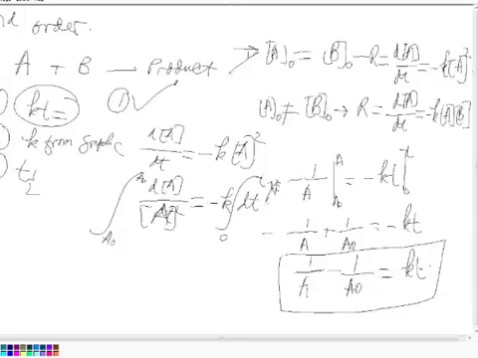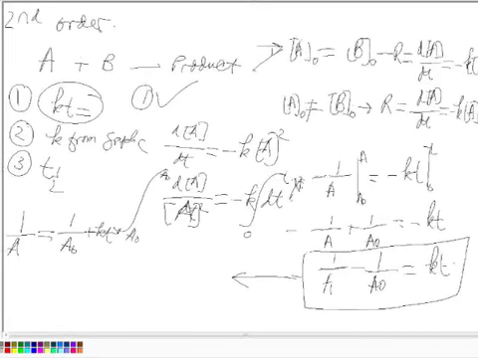Okay, now we go to the second one, K from the graph. Let's rewrite this, rearranging the equation to become 1 per A equal to 1 per A0 plus Kt.